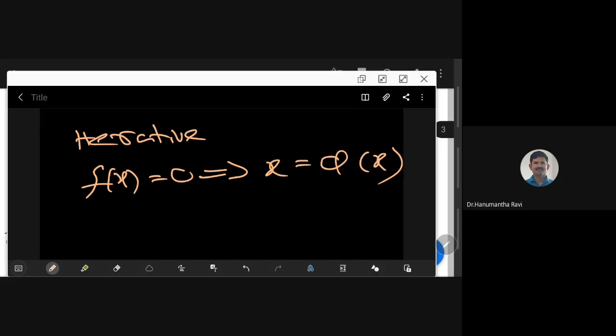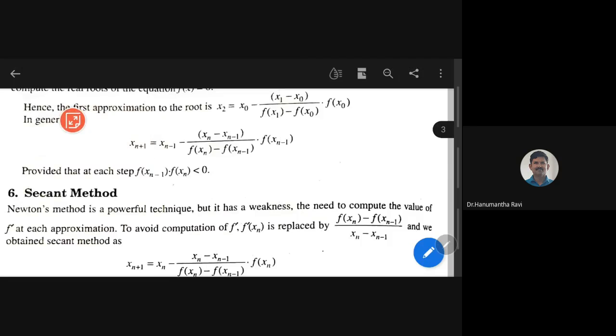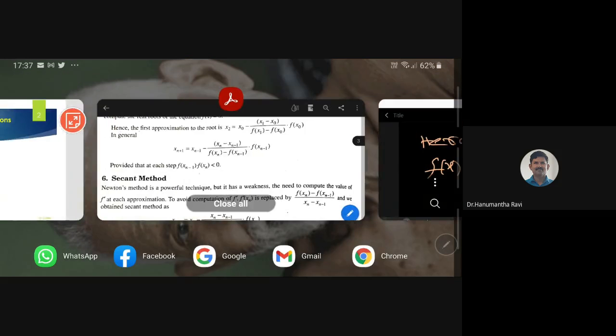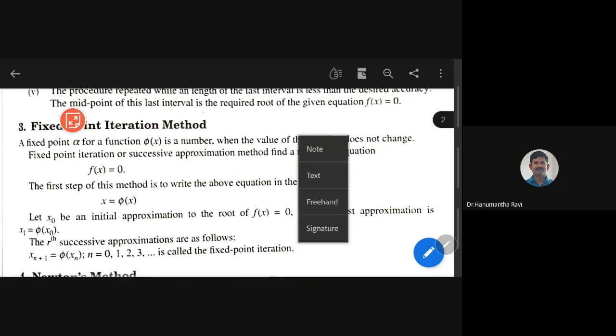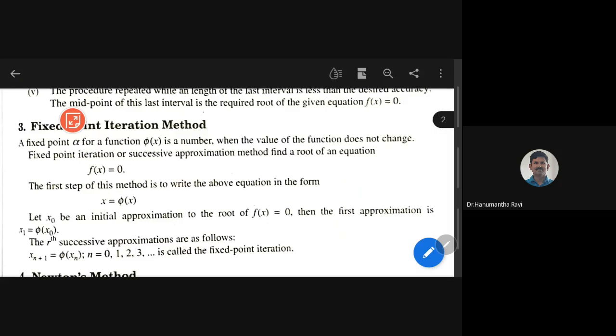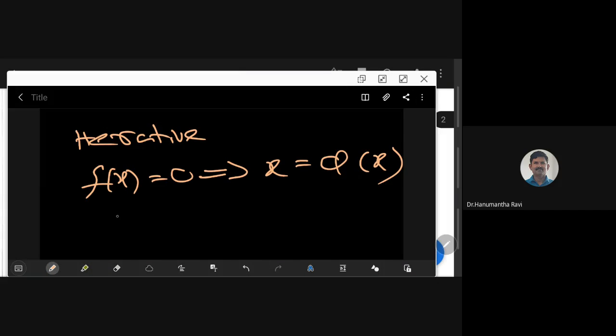In such a case, the next approximation, say if you want the n plus 1th approximation to the root of the equation f of x is equal to 0, this is our given equation.